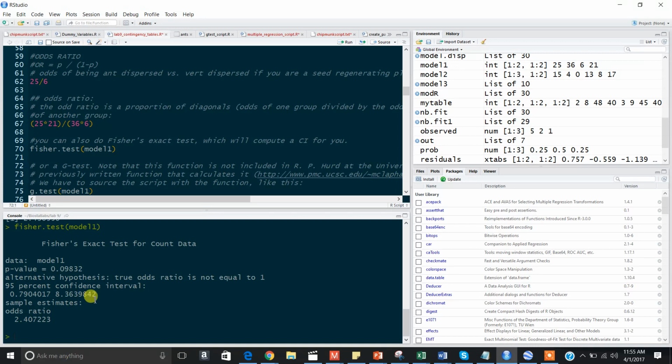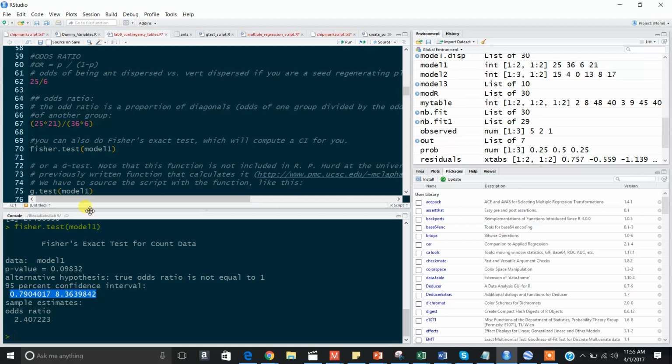Okay, so looking at our p-value, we get something that's greater than 0.05, so not significant, meaning we fail to reject the null hypothesis that the true odds ratio is equal to 1. Now this is substantiated by the confidence interval, which we see here, because the interval itself contains 1. So because it contains 1, there is a possibility that the odds ratio could be equal to 1, and therefore you fail to reject the null hypothesis.